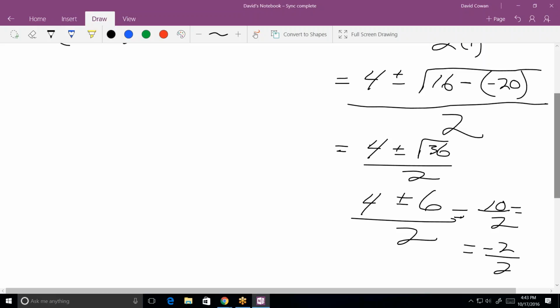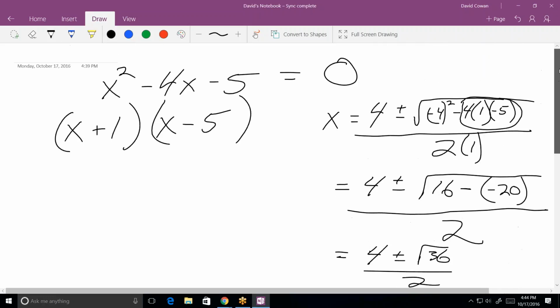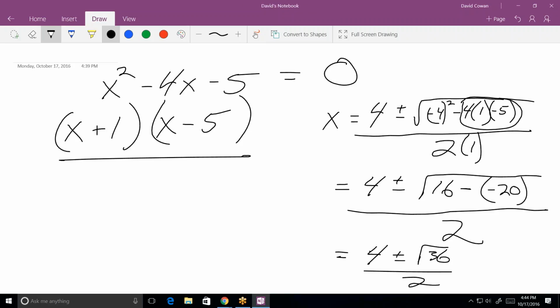So our solutions are 5 and minus 1, using the quadratic formula, which are exactly what I got. In other words, if I was doing this on a test, I'd do it this way every time, just because it's quicker, a lot quicker. But you get the same solutions. In other words, you get x equal minus 1 or x equal 5 either way.